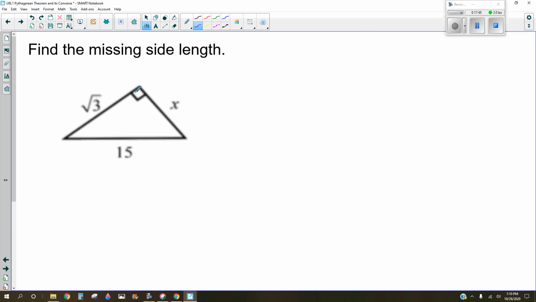So, hypotenuse. Okay, so I'm going to record that. C is equal to 15, which means we can call this A and this B. Again, it doesn't really matter which is which. So A is equal to the square root of 3.